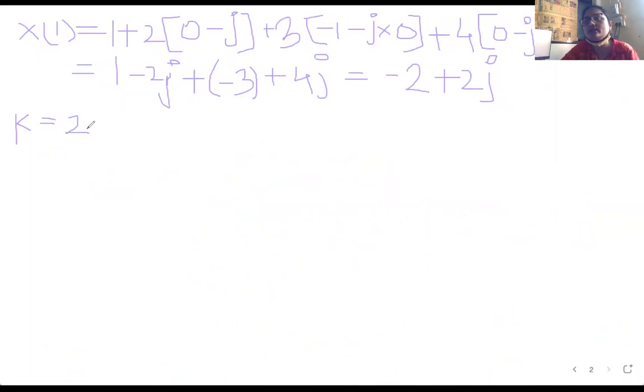So I will write here again the equation for DFT. Because I have calculated the 0th value and the first value, I now want to calculate k equal to 2. So what is my DFT equation? X of k.